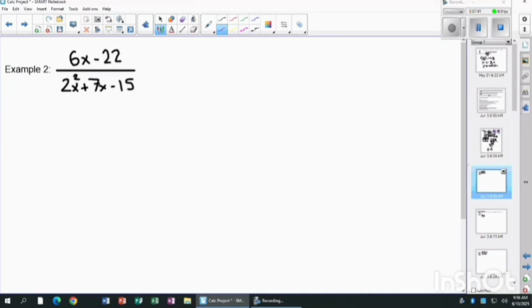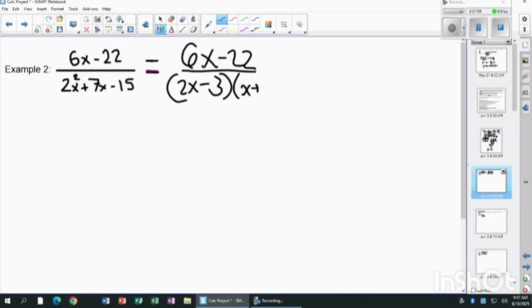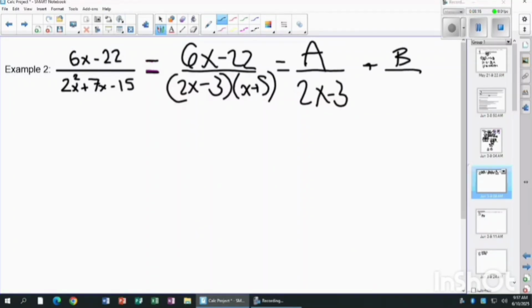Take a second to pause if you want to solve it on your own. So again we factor the denominator. So 6x minus 22 over 2x minus 3 times x plus 5. Now we have to separate it and assign letters or variables. So you have a over 2x minus 3 plus b over x plus 5.